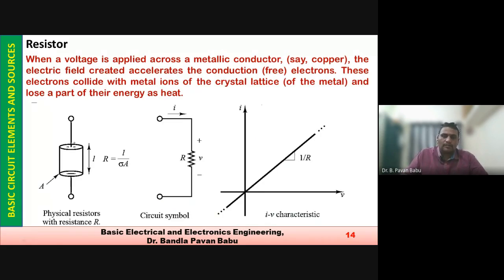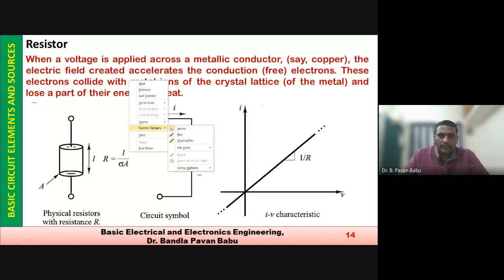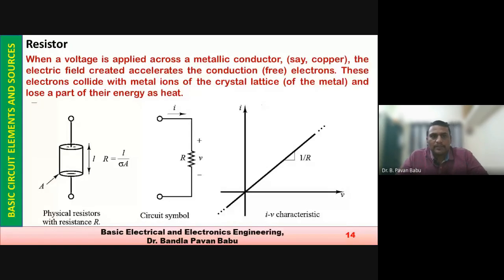Next, coming to the resistor, inductor, and capacitor. Okay. This is one of the very important and easy concepts. When voltage is applied across a metallic conductor, before that, let me start with the symbol of the resistor. So this is the symbol of a resistor. I hope you know it better than me.